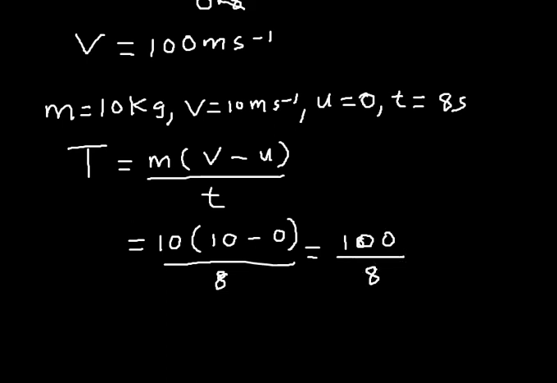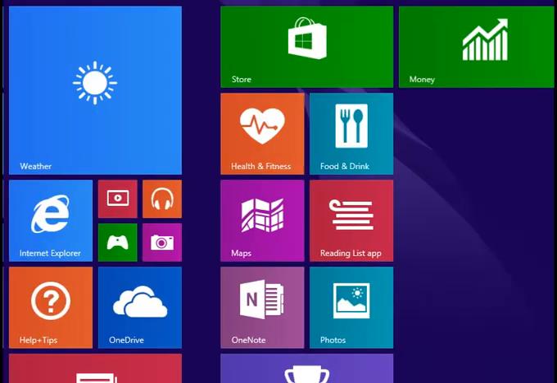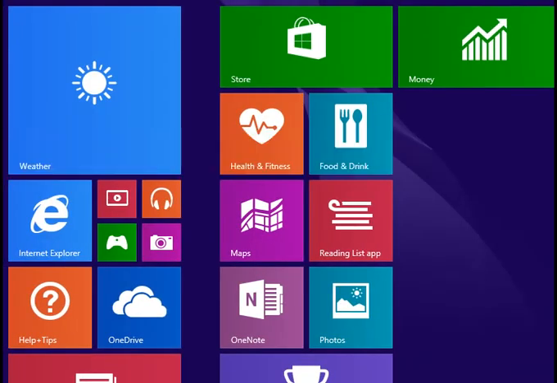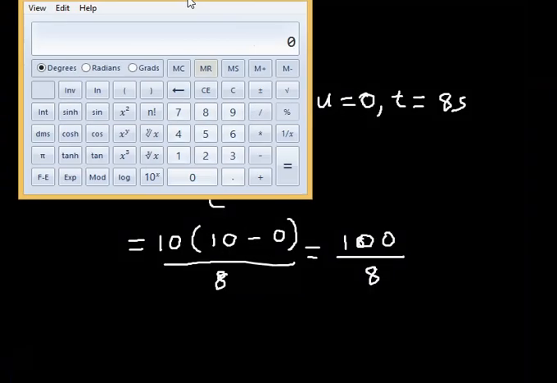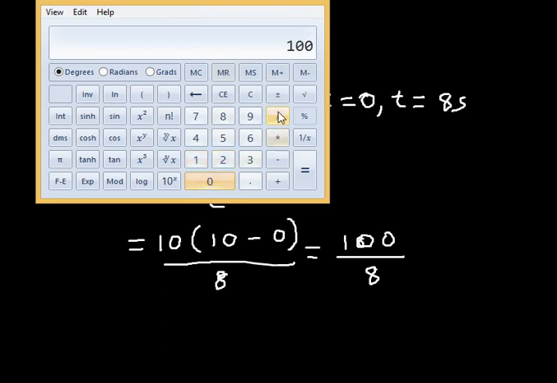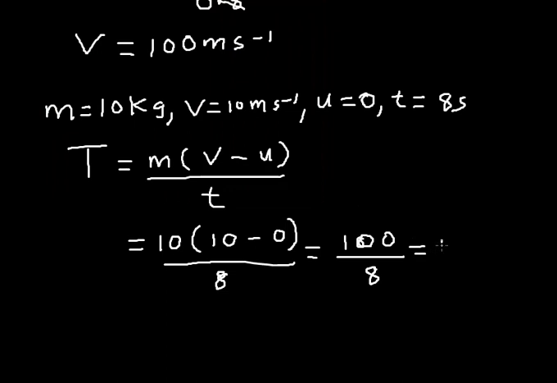So 100 all over 8 is what? Okay, let's do that. 100 divided by 8. So what do we have? 12.5. So the tension is 12.5 Newton.